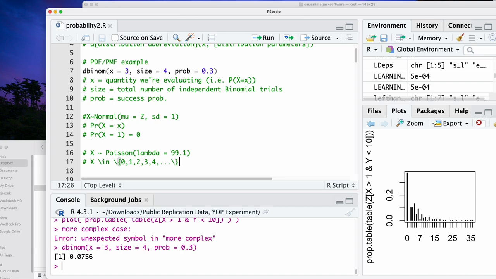It could be 0, it could be 1, it could be 2, it could be 3, it could be 4, and so on and so on. It's not defined how high it could be.